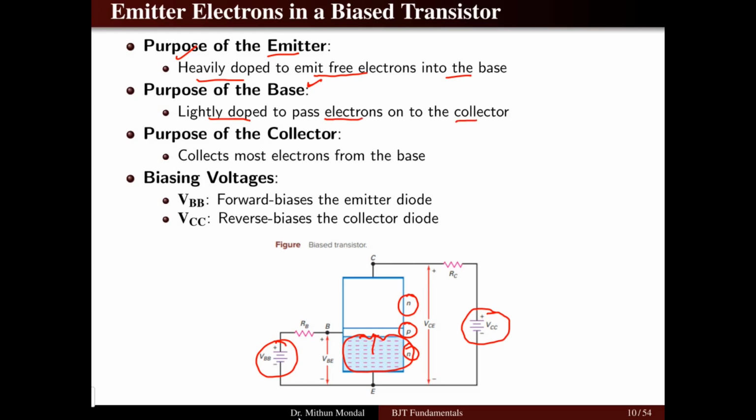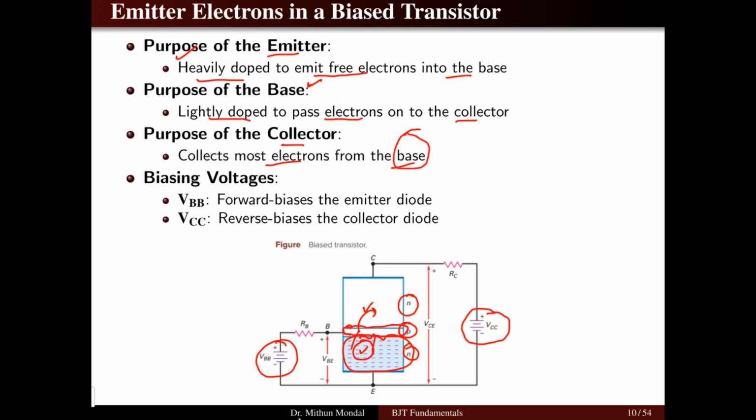The base will be acting as the bridge between the emitter and the collector. The heavily doped emitter has the electrons, and the base takes these electrons and passes them to the collector region. So the collector will be collecting most of the electrons from the base, and the base is the intermediate region between the emitter and the collector.